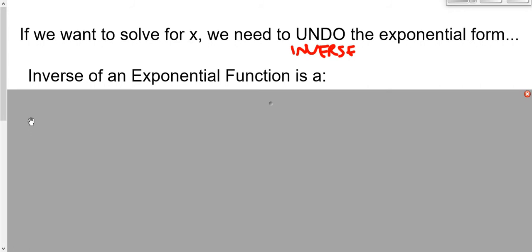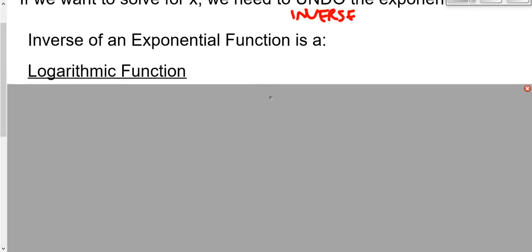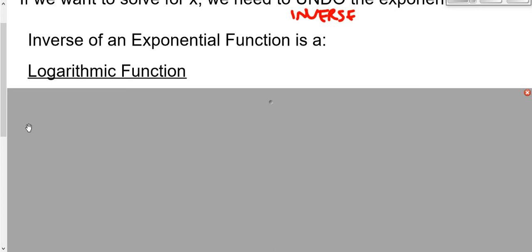The inverse of an exponential function, the opposite of raising x as a power, is going to be a logarithmic function, which we usually abbreviate as a log function. So the inverse of an exponential function is a logarithmic function, a log function.